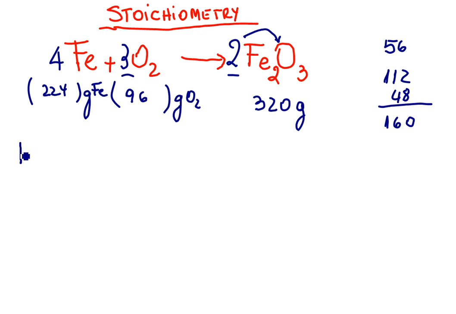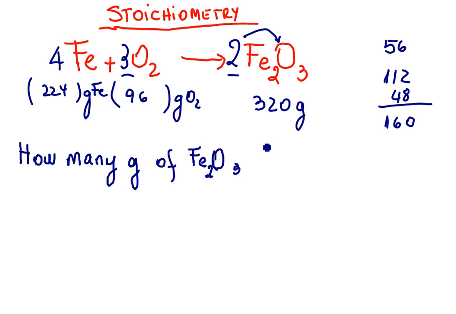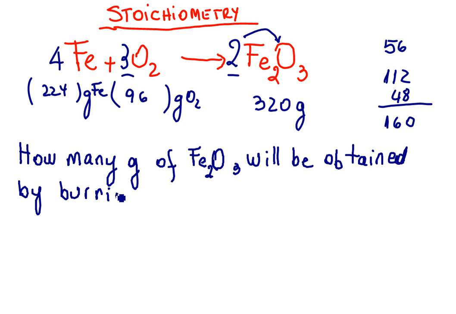For example, how many grams of iron oxide will be obtained by burning 10 grams of iron. What are we going to do?